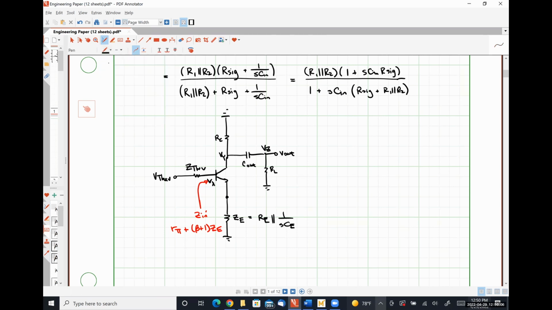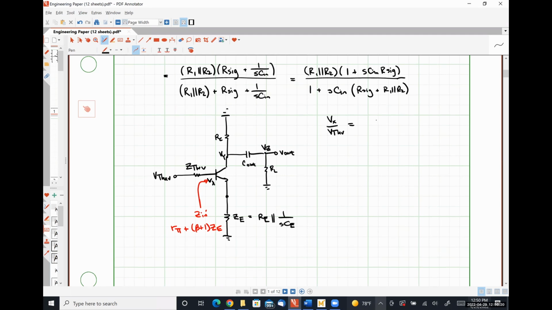And from this, Vx over Vthev is simply, and it is not particularly simple once we expand it, as you guys who've come to my office have seen, R pi plus beta plus 1 ZE over Z thev plus R pi plus beta plus 1 ZE.